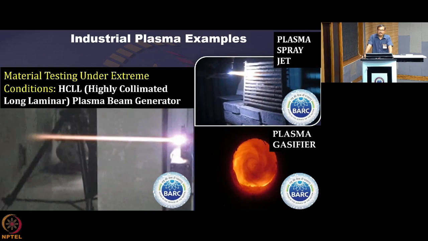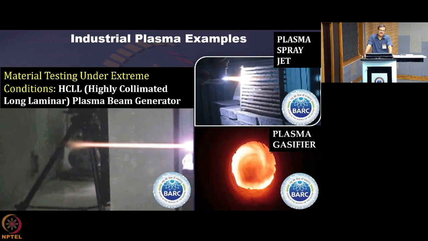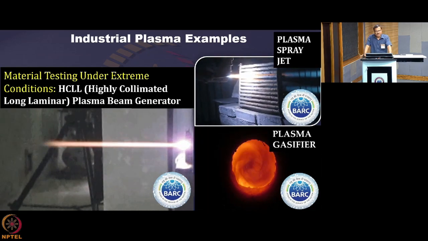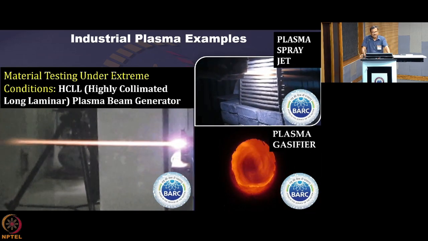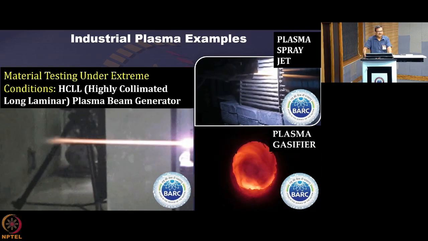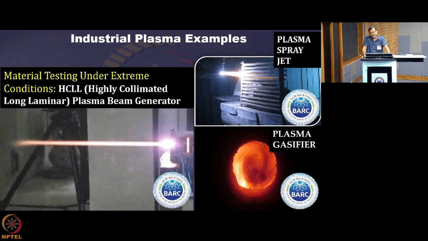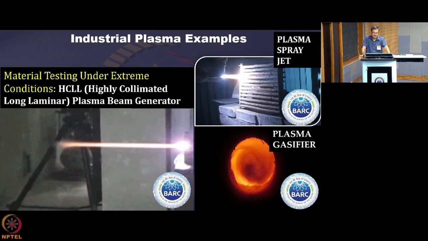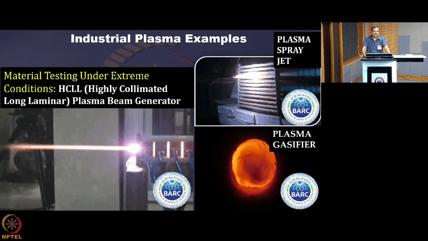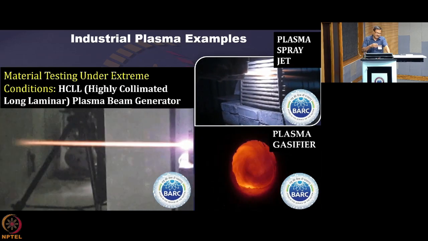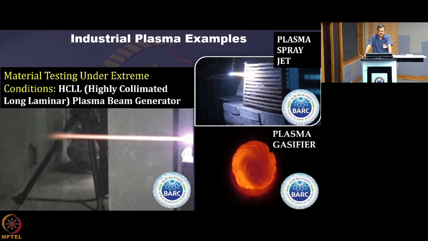So for testing those materials which should be used in such extreme conditions, you don't need to make a fusion plasma device like a tokamak. Rather, you can artificially create the situation using such a very concentrated plasma beam, which will simulate the experimental situation that you are expecting under such conditions. So this kind of device can be used to test material under extreme conditions.